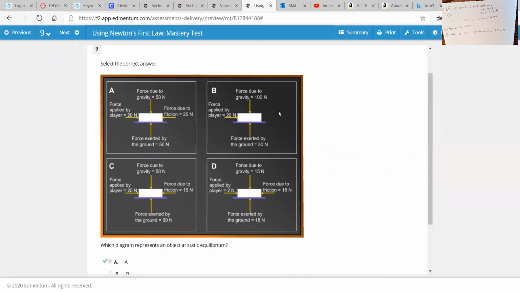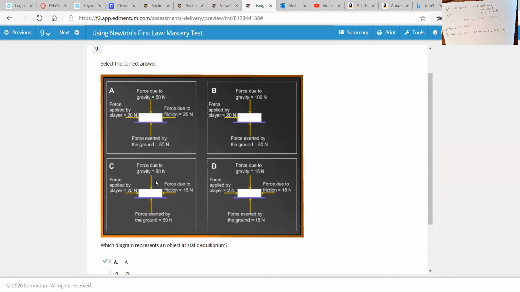B, there's no opposing force for this 20 newtons, so that's not the answer. Let's check out C. Force going down is 50, force moving up is 50, so that's good in the up and down direction. But from left to right, the forces don't add up, so they are not in equilibrium.